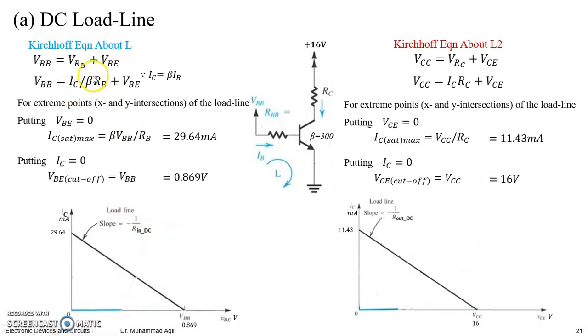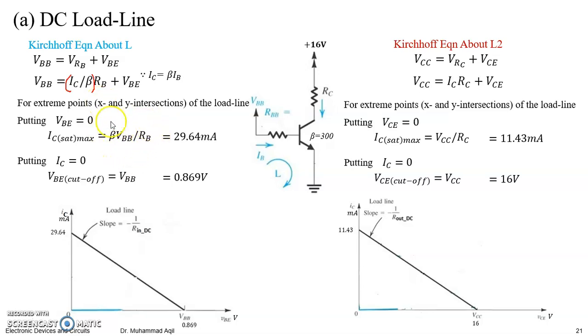Oops, we forgot to write a bracket here, right? Although we have used the correct relation here, there should be a bracket here. Let's correct it. Fine now. So if we transform this equation to y is equal to mx plus c, we would have IC is equal to minus beta by RB VBE plus beta by RB VBB, right?